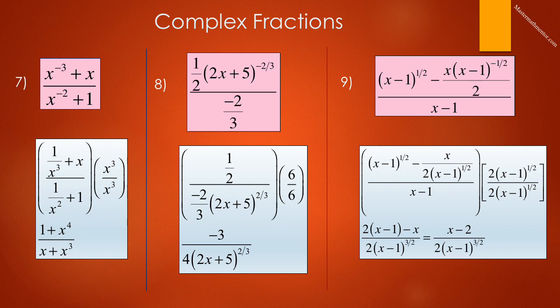So we multiply by 2 quantity x minus 1 to the 1/2 over itself, and we end up getting 2 times the quantity x minus 1 minus x all over 2 x minus 1 to the 3/2 power. Final answer is x minus 2 all over 2 quantity x minus 1 to the 3/2 power.